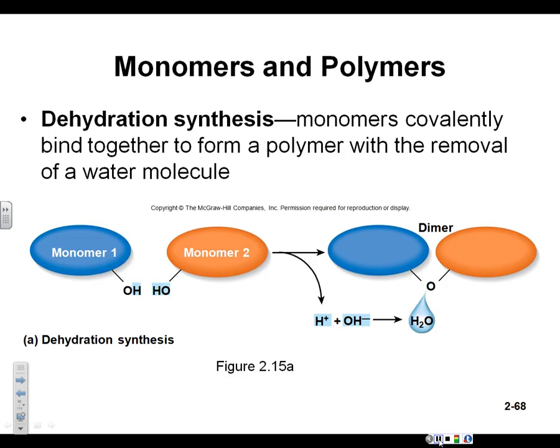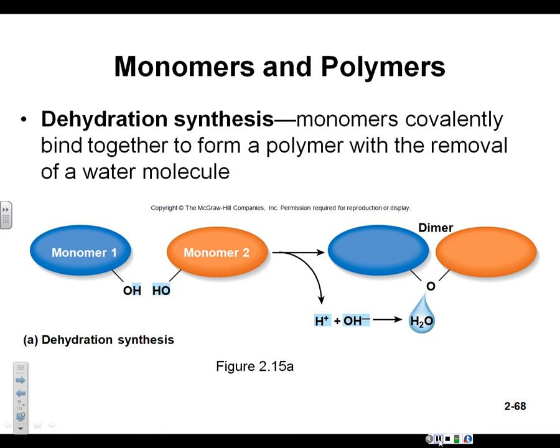Alright, look at this diagram. Look at monomer 1 and monomer 2. If I remove a hydrogen from monomer 1 and a hydroxyl group from monomer 2, we make H2O and a dimer. That means when we remove hydrogen and hydroxide, we make a bond called a glycosidic bond.